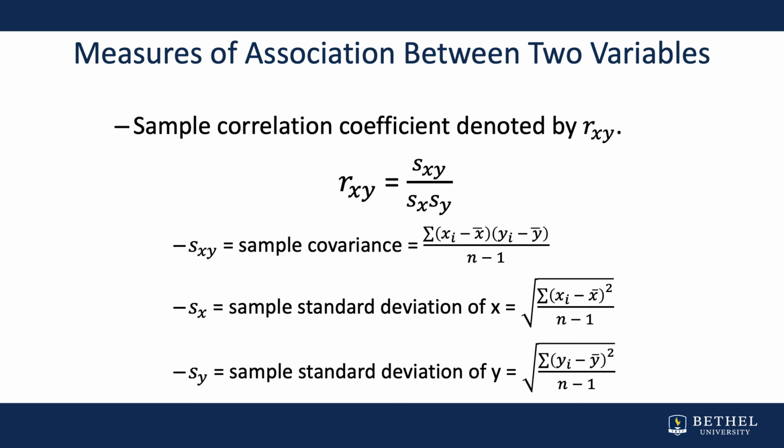To calculate the sample correlation coefficient, you take the sample covariance, which we just talked about, and then you divide it by the sample standard deviation of the x components of each of your observations, multiplied by the sample standard deviation of the y components of each observation. You end up with something called R. Now, R is an interesting measure for you to learn about as you try to relate different variables in data.